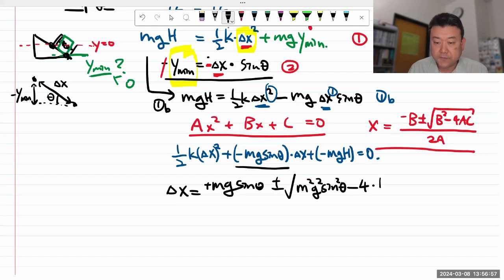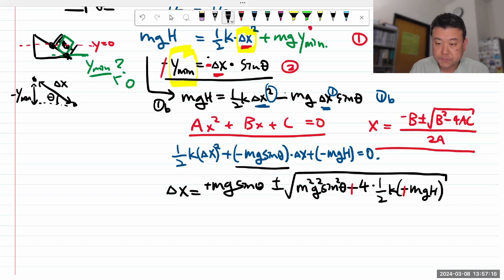A is 1/2 k, and c is minus mgh. So those minuses cancel, and that's the quantity under the square root, and you need to divide it by 2a. So that would be 2 times 1/2 k, so that's just k.